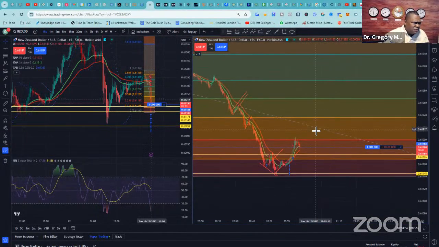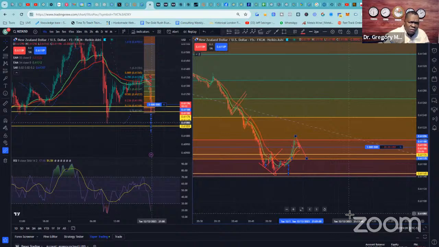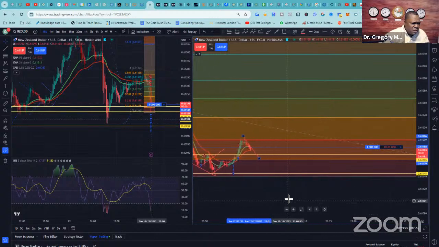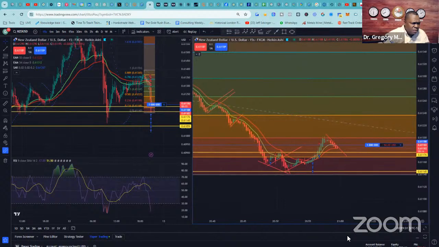And we're flagging, maybe flagging to the north side. 61.18.